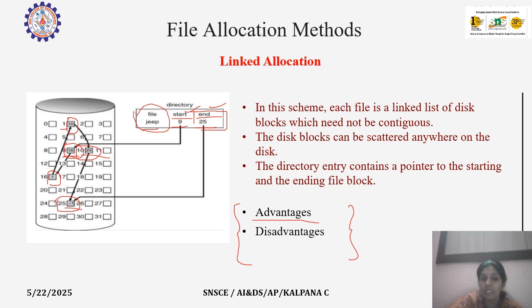We are not going to allocate the blocks contiguously, starting from 1, 2, 3 or 6, 7, 8, 9. We are not going to allocate any block sequentially. Rather, we link the blocks, so in between blocks are linked together. In this manner, we can reduce the external fragmentation.